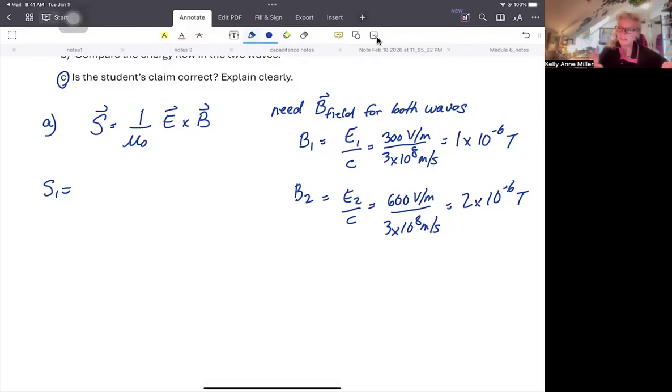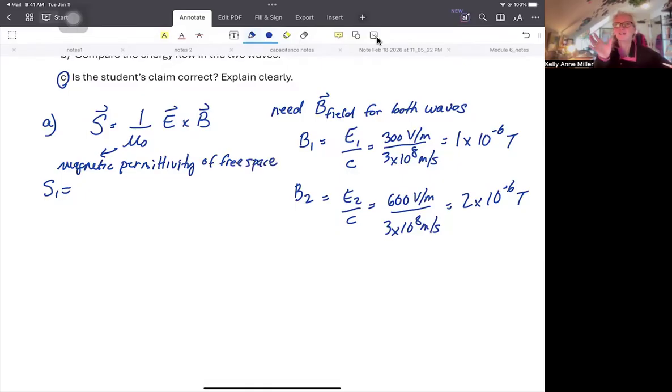It's a constant. This wave is traveling through air, so we use the magnetic permeability of free space, just a vacuum, since that's what the wave is traveling through.